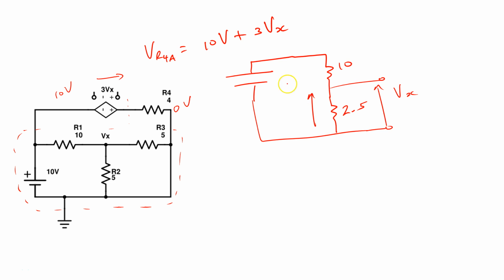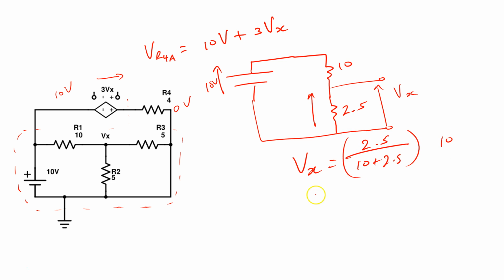So what is the voltage here now? If this is 10 volts, Vx is equal to, using our voltage divider equation, 2.5 over 10 plus 2.5 multiplied by 10. So we have 2.5 over 12.5, which is 0.2, multiplied by 10, which is 2 volts.